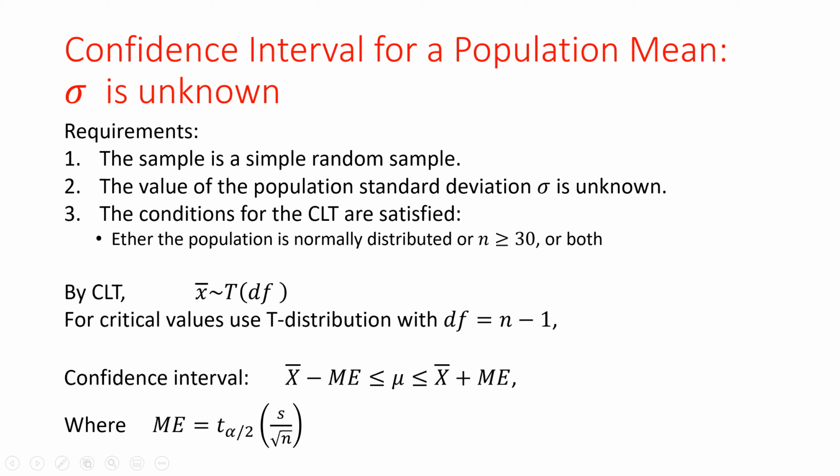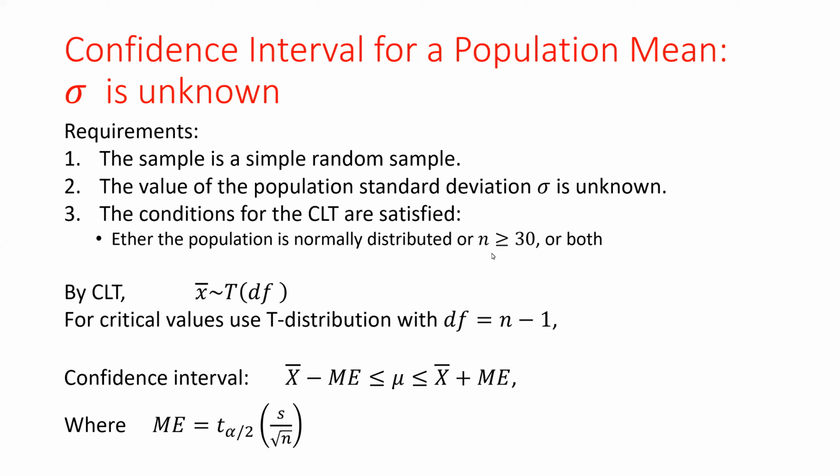What are those conditions? The condition is that either the population that we're taking samples from is normally distributed, or we have a sample of 30 or more, or both.